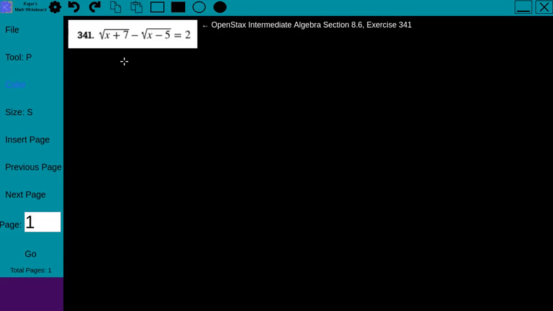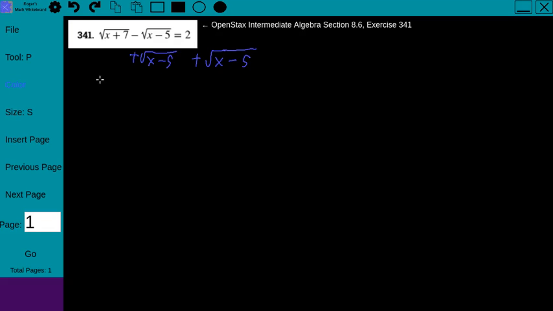I think I'm going to go after this one and get this one alone by adding this whole thing to the other side. I am going to have to write fairly small because this is going to be a very long problem. So I'm going to add square root of x minus 5 to both sides.